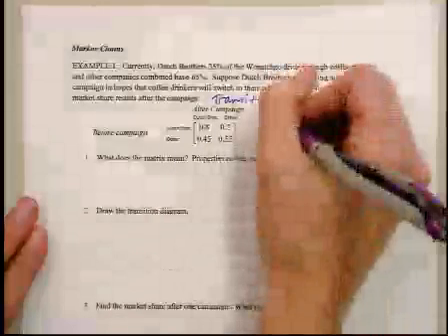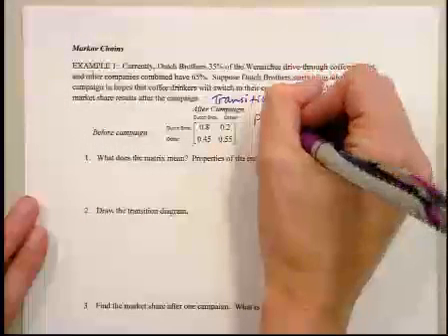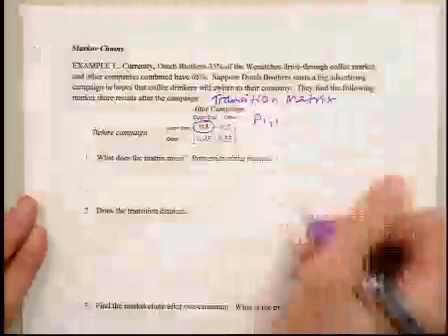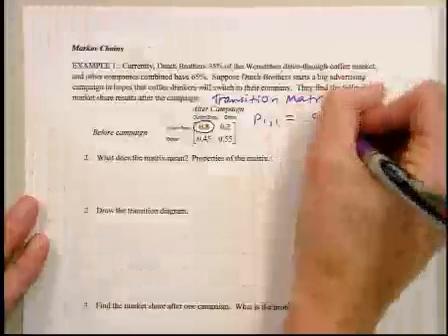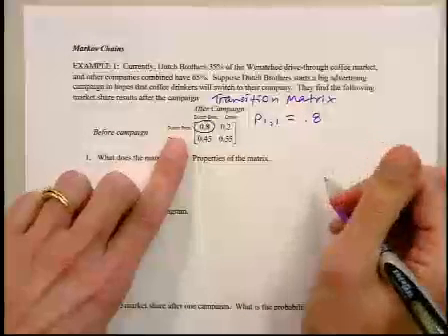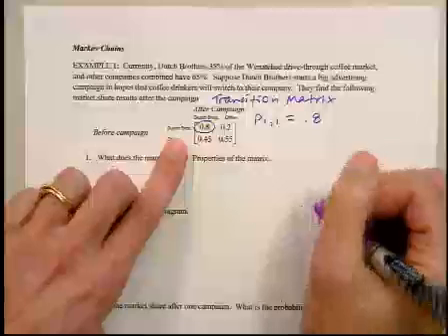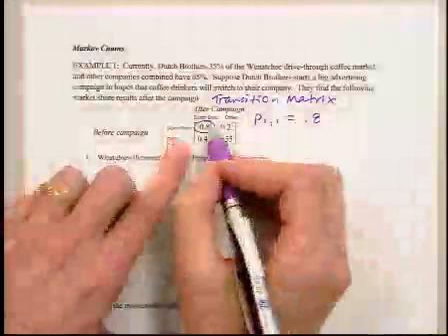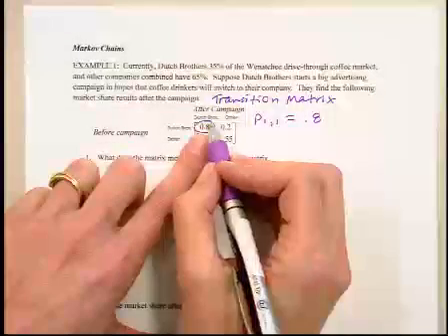the customers. So let me describe, for example, the number in position row 1, column 1. That would be this 0.8. So the number is 0.8, or 80%. That tells me that of the customers that went to Dutch Brothers the last time, the next time they go, they're going to go to Dutch Brothers again.